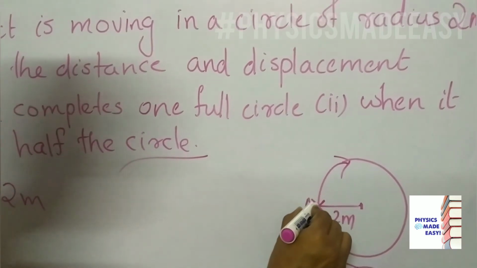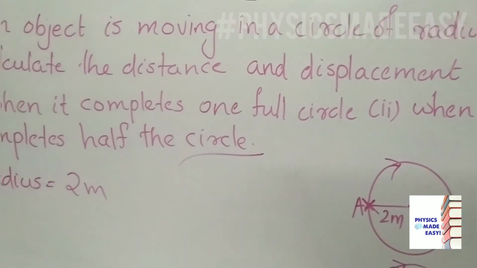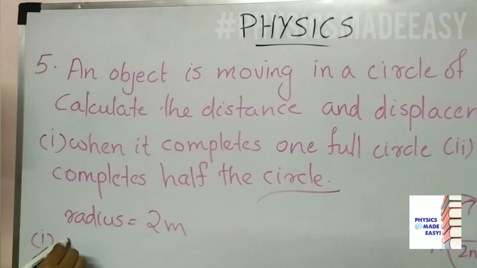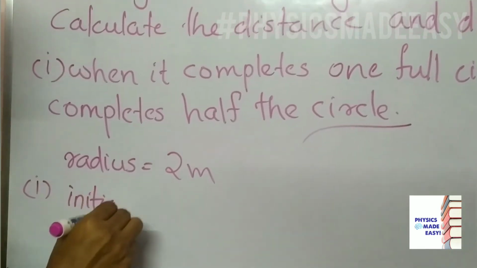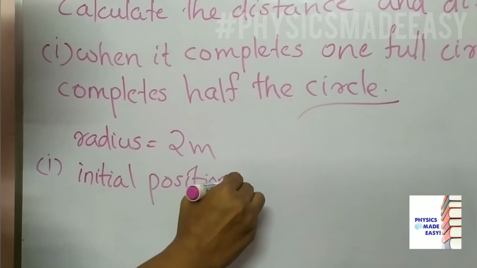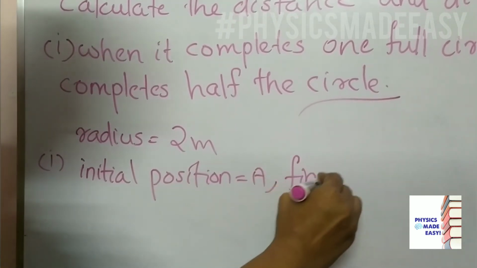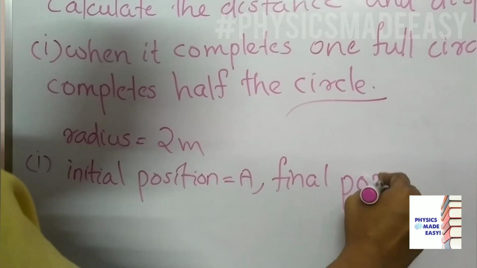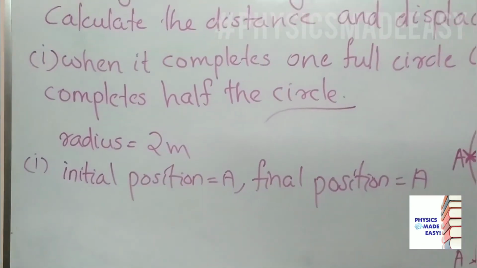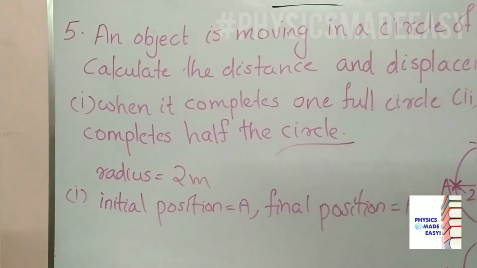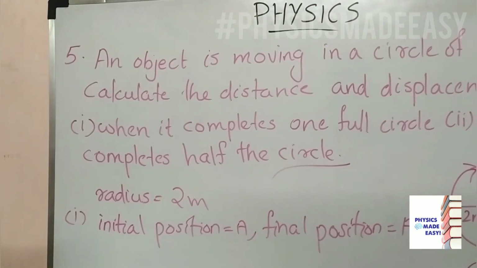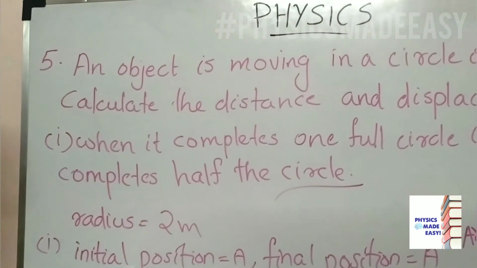After that, that is at the same point A. So in that first case, when it completes one full circle, you can take initial position is A, final position also A. That means here initial and final positions are same. Then what is the displacement you have to find? What is the distance traveled? First you can find the distance traveled.